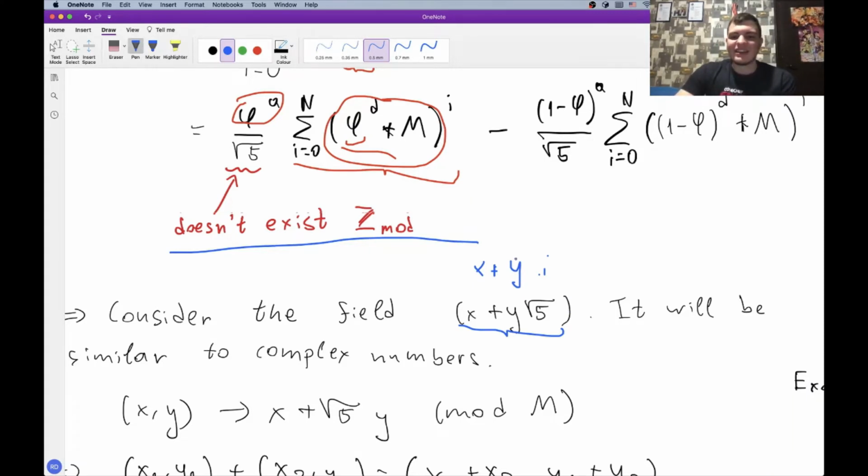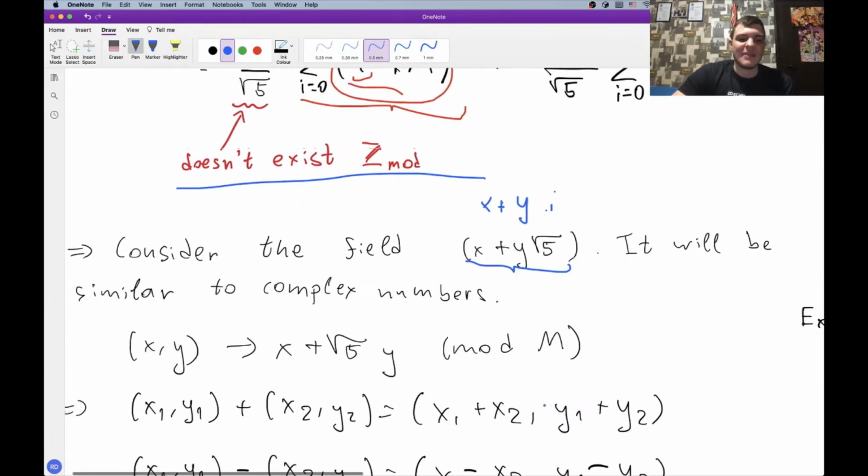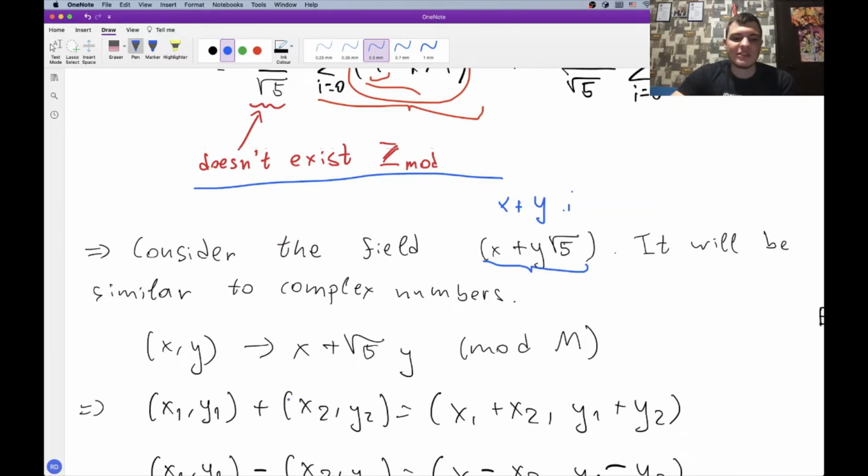We'll consider this new field, and xy will denote x plus square root of 5 multiplied by y, modulo our modulo m.